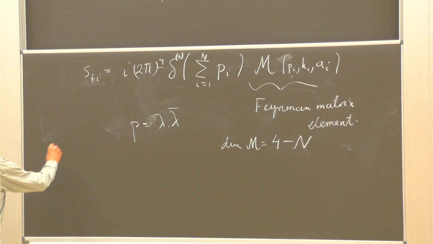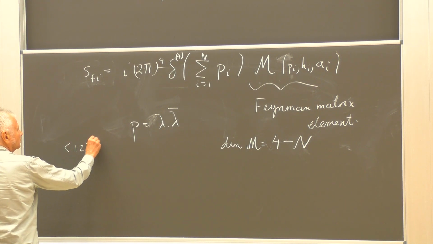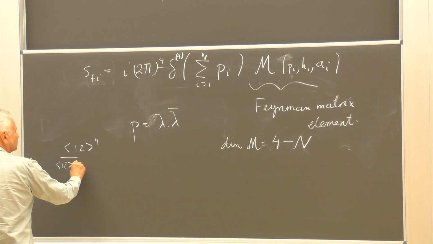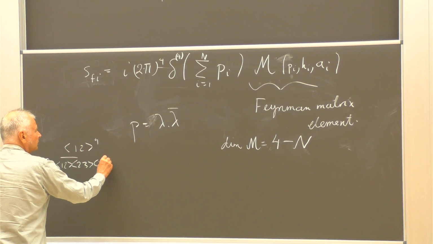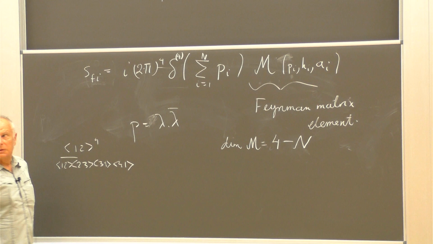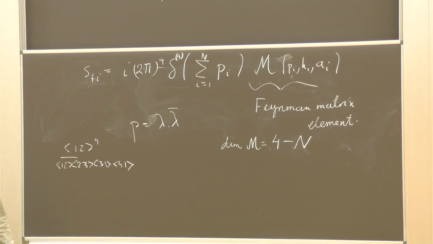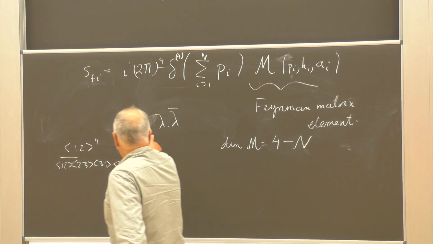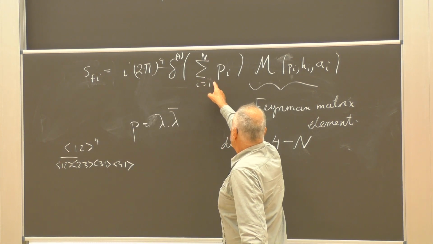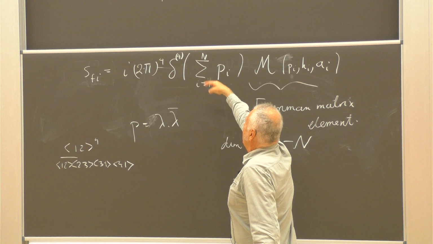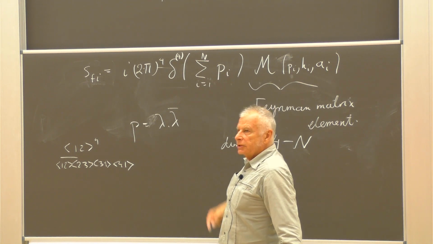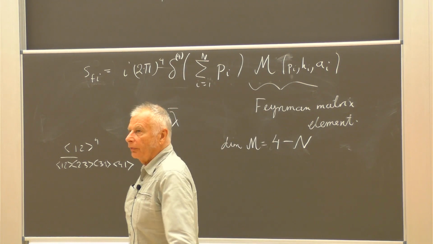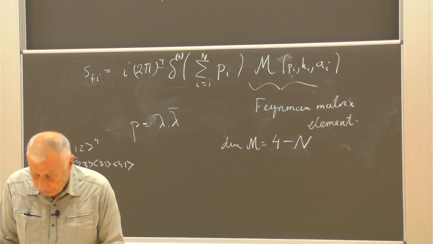So if you see this formula, it is exactly dimension 0. So when I'm talking about the dimension of the Feynman matrix element, as the matrix itself, you have to of course add minus 4, which is coming from the delta function.